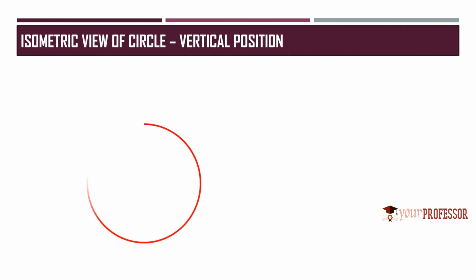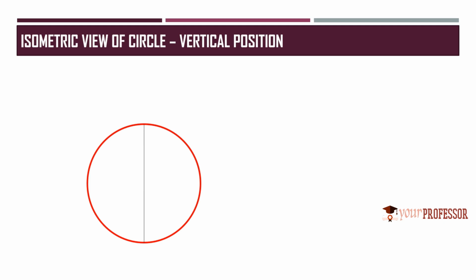Draw the circle as per your convenient radius. Here I have considered 40 mm radius, that is 80 mm diameter. In order to draw the isometric view of a circle, we need to consider 4 points. Let us consider those points as A, B, C, D. For that, draw a vertical line passing through the center of the circle.